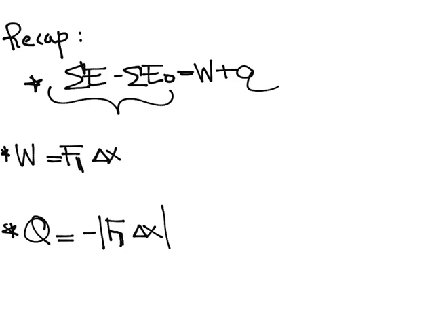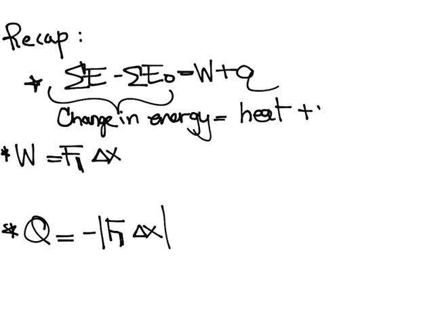So just to recap from last time, our main idea is that sigma E minus sigma E naught, which is the change in energy, is equal to heat plus work.